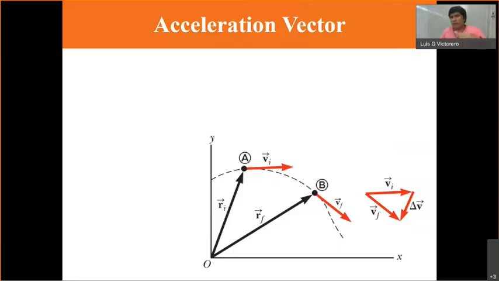So now we have the velocity vector and the final and initial velocity vectors. Since they have different directions, we can compute the difference between both if we use the graphic method that I showed you in chapter 3. And it's given there on the right.